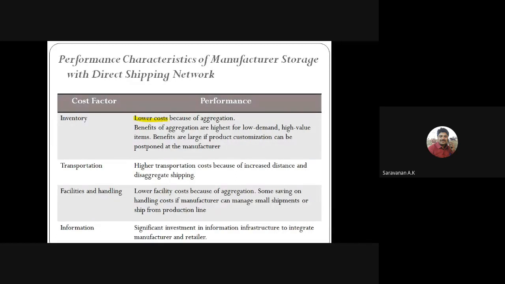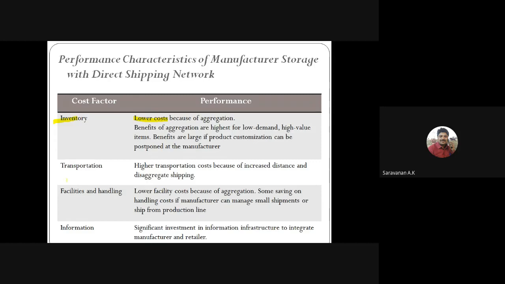So the benefits are very large if the product customization can be postponed at the manufacturer end, because the final assembly is getting done at the customer's end. So for the inventory, these points are to be noted.